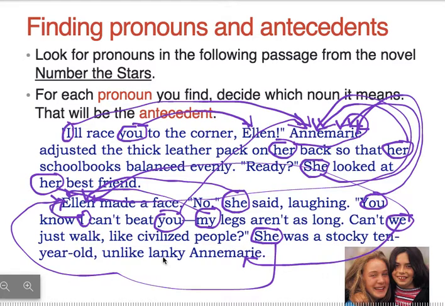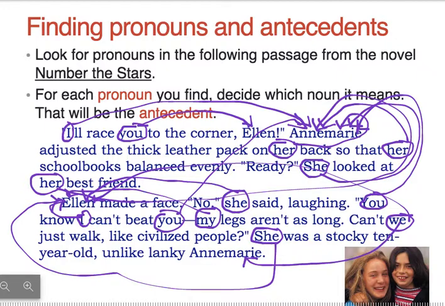So for every pronoun, there should always be an antecedent. You should be able to decide who or what the pronoun is talking about. And again, you can usually substitute in the antecedent wherever you see the pronoun, and it would make sense. It just might sound silly. So for instance, in this last paragraph, Anne-Marie, you know that I, Ellen, can't beat you, Anne-Marie.